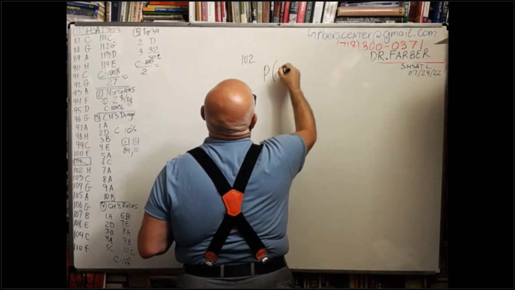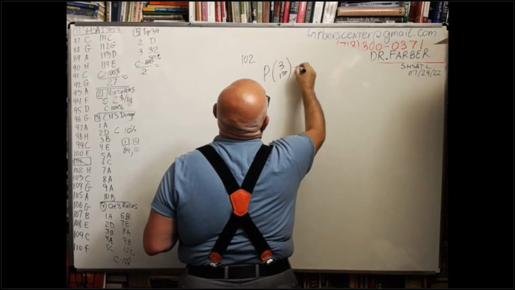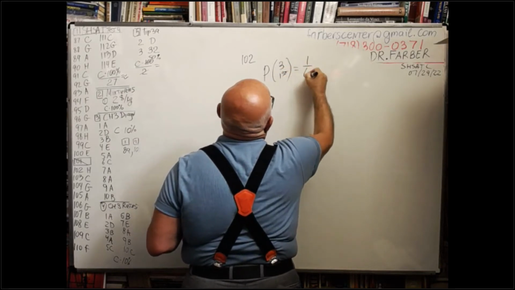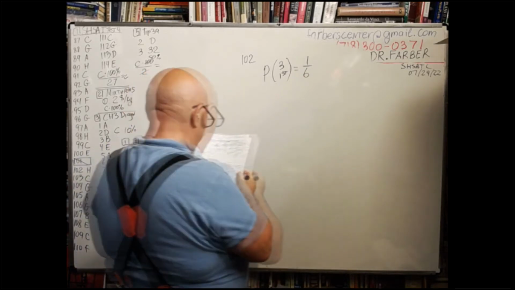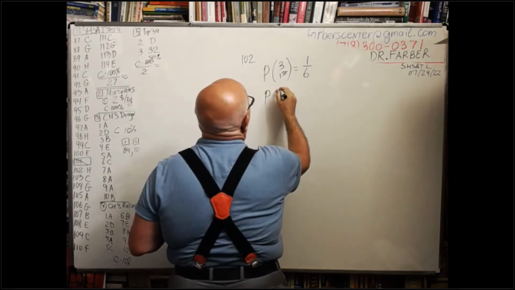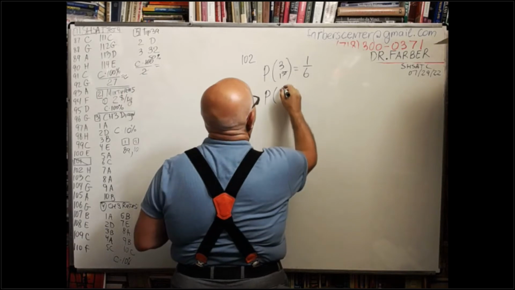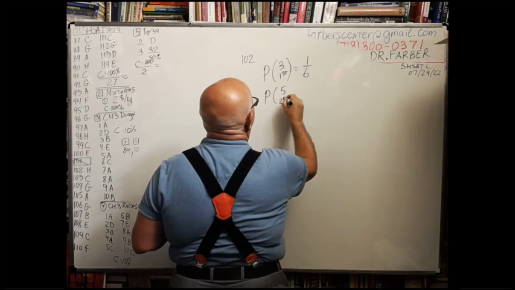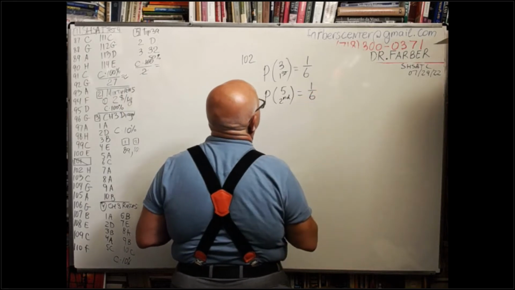So probability to get 3 on the first would be 1/6. And on the second, the probability to get 5 on the second equals also 1/6.